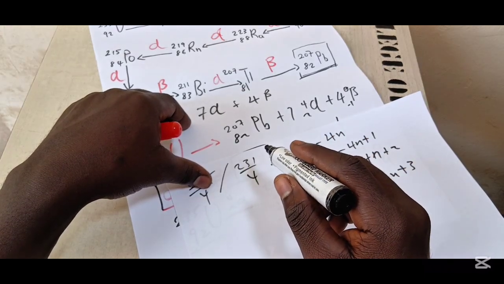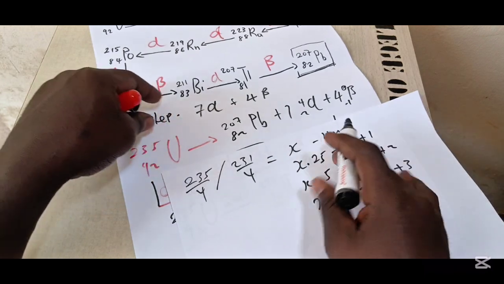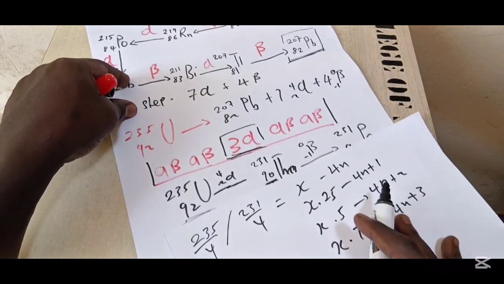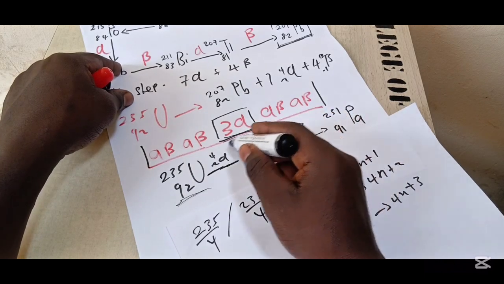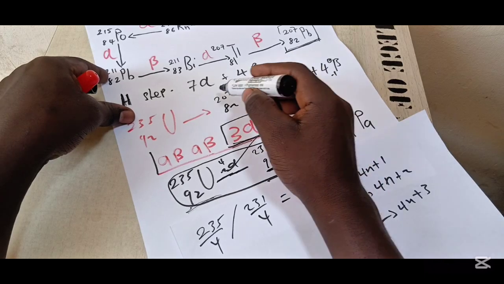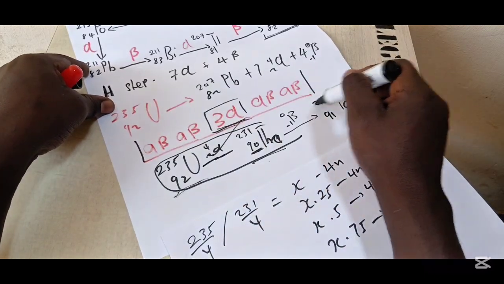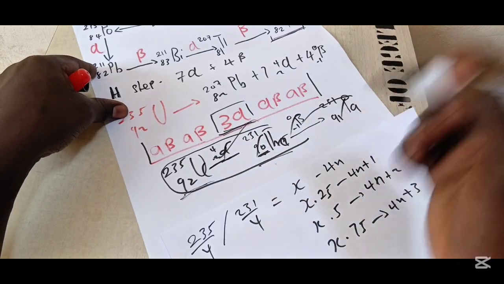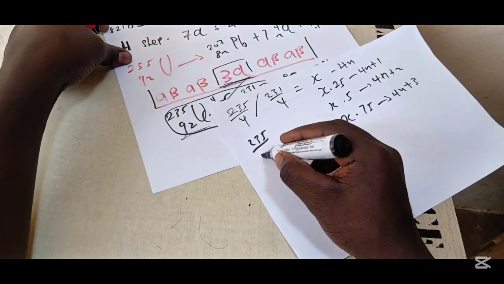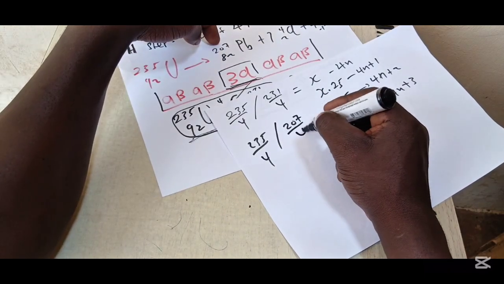Sorry, I should not use this. I should have used our overall reaction. Yes, this is our overall reaction. So we are going to use our overall. This one was an illustrative example. So we are going to get either 235 over 4 or 207 over 4, right?